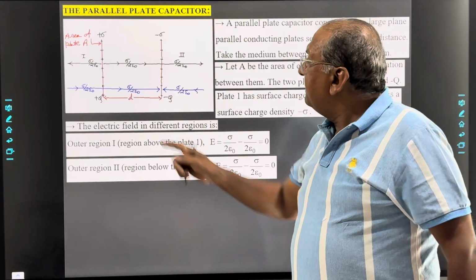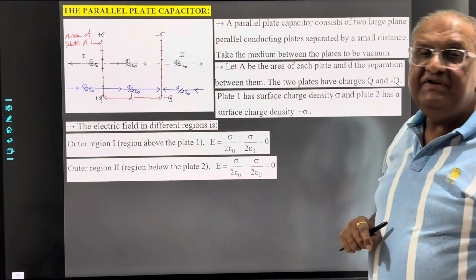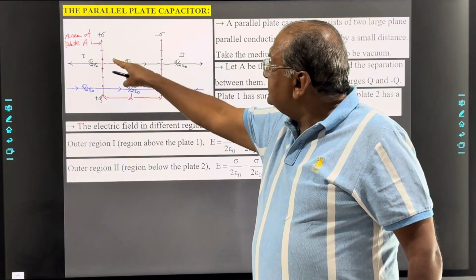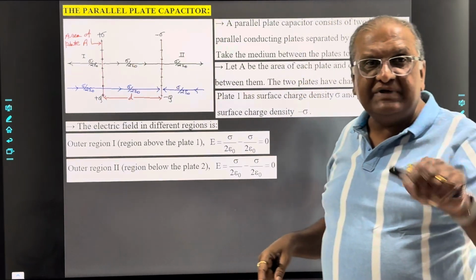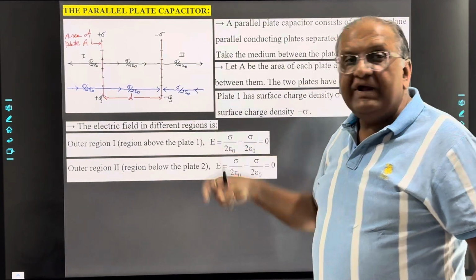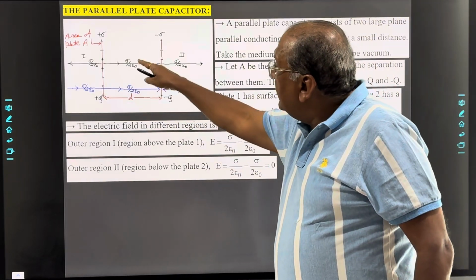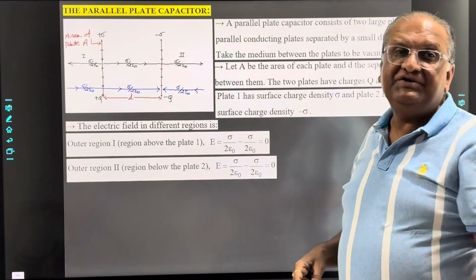But there is a different case between these two plates. Due to the positive plate, the electric field between the two plates is sigma upon 2 epsilon 0. Due to the negative plate also it is sigma upon 2 epsilon 0. But both fields are in the same direction.